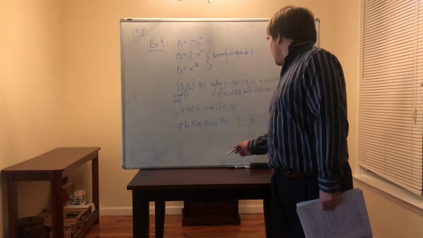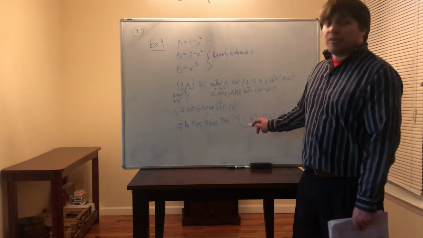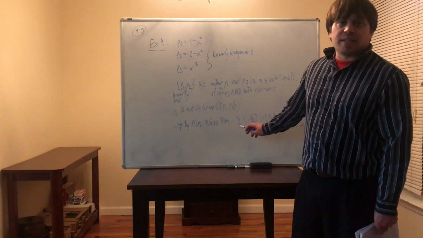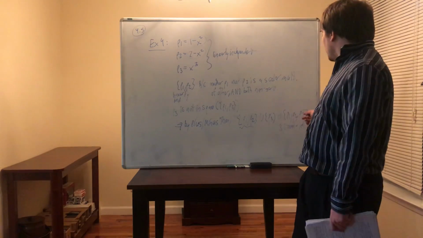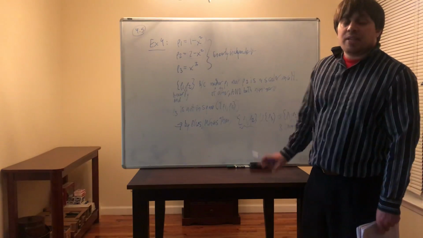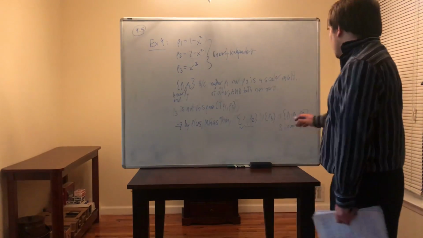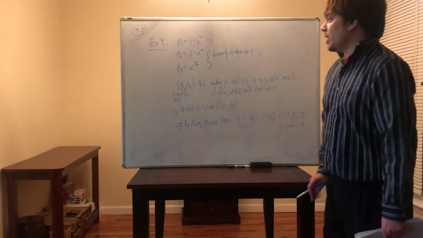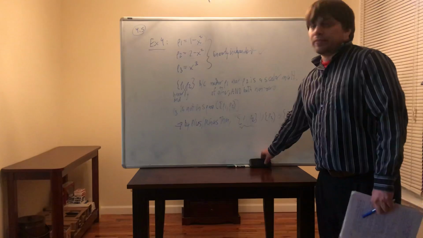The set {p1, p2} we found was linearly independent, and p3 is not in the span of that set, so we can add p3 to the set and still have a linearly independent set. We showed that using the plus minus theorem. So that's example 4.